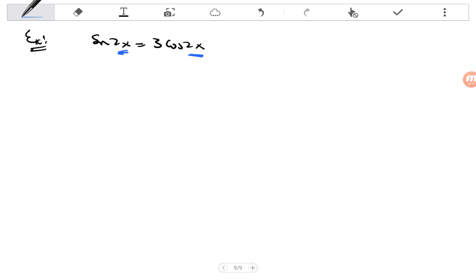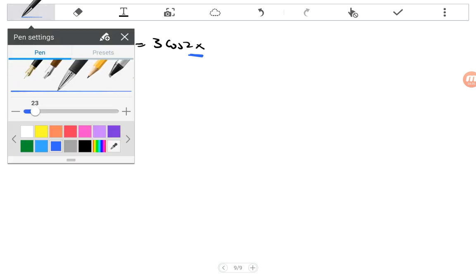The second condition is that you need to express it all in terms of one trigonometric function. We have sine and cosine here. So how do we express that in terms of just one trigonometric function? It would also be cumbersome to express cosine as plus or minus the root of 1 minus sine squared. That would be a lengthy solution.